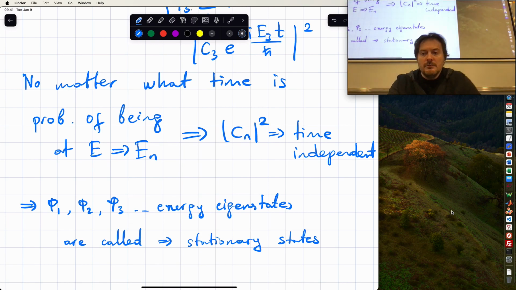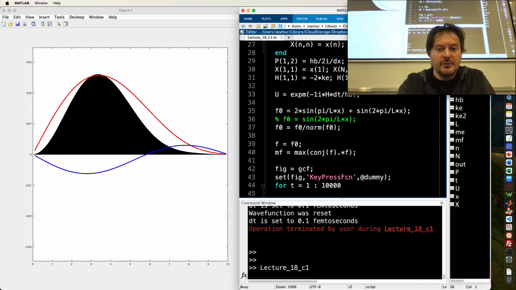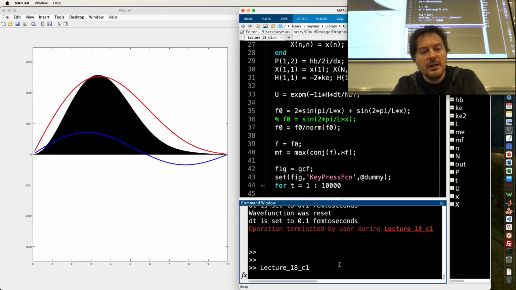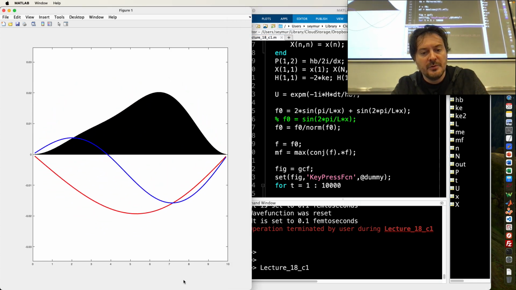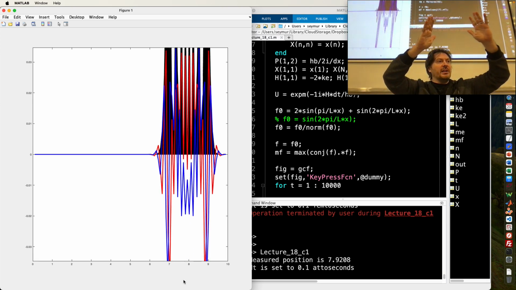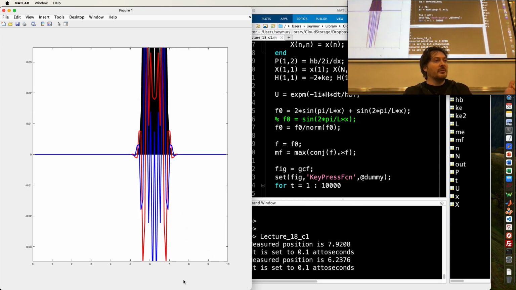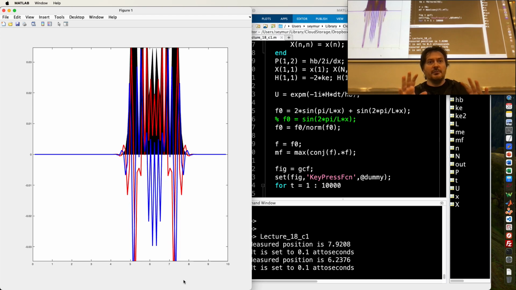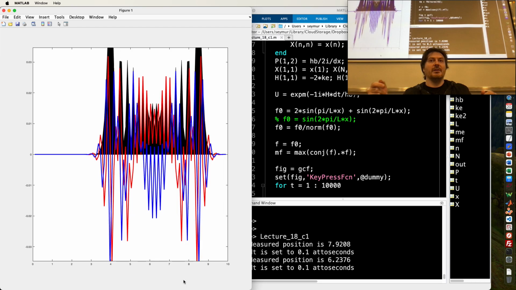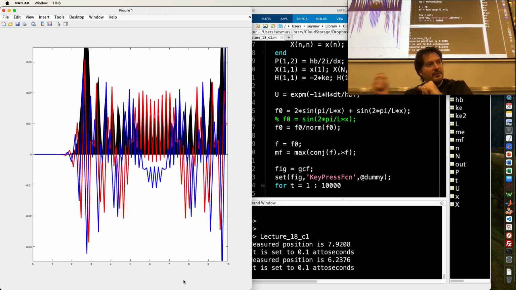But look, let's go back to this program. It goes back and forth, right? I measure position, let's say. It collapses into a position eigenstate, and later I measure position, I get a different position, right? So for position, for momentum, in most systems, you can measure something, and later on you can measure something else.